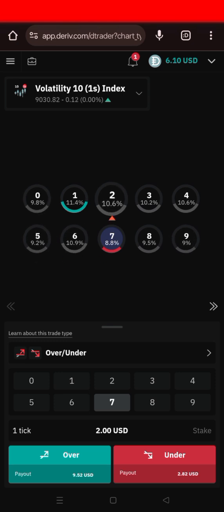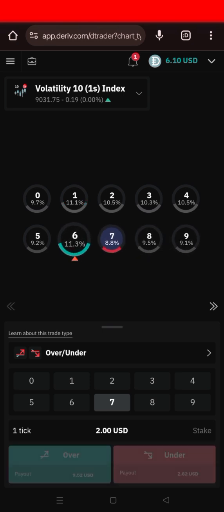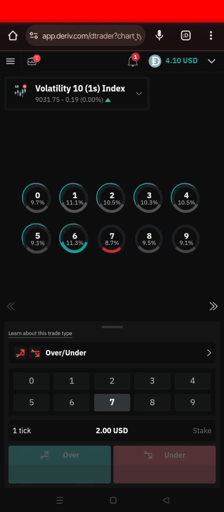Just use the risk management. Wait for the cursor to touch 7, 8, 9 2 times, 1, 2, and I purchase under. That's an entry. So let's see.